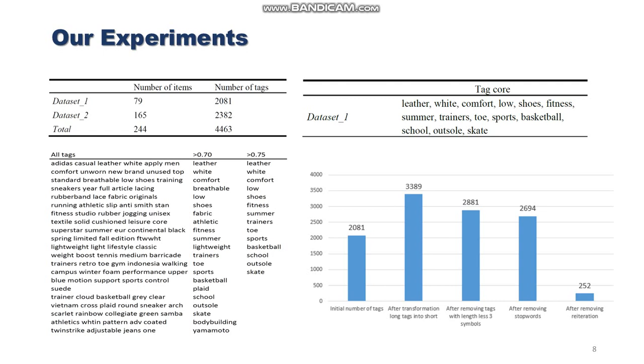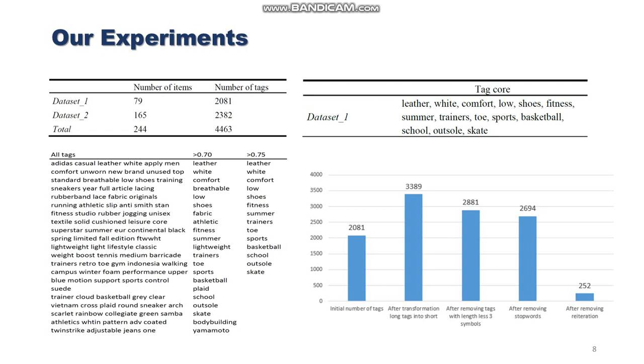Based on the first dataset, we receive the tag core. We also present this tag core on the slide, and we compare each image from the second dataset with this tag core and try to define whether these images are similar or not.